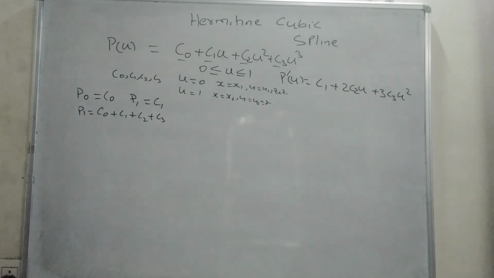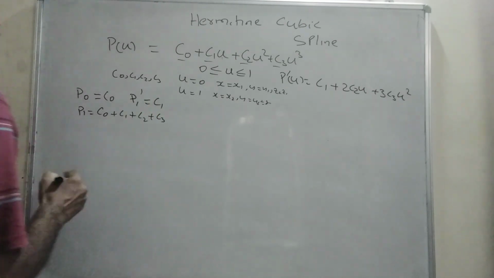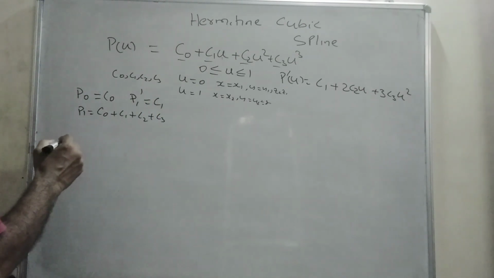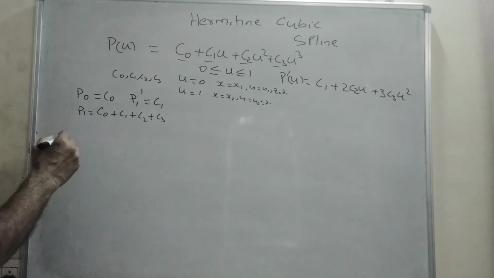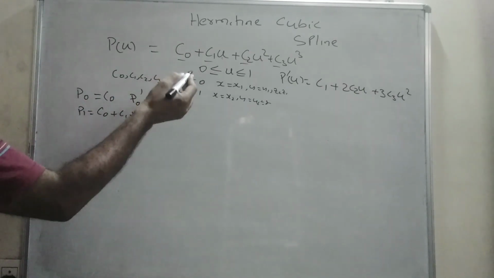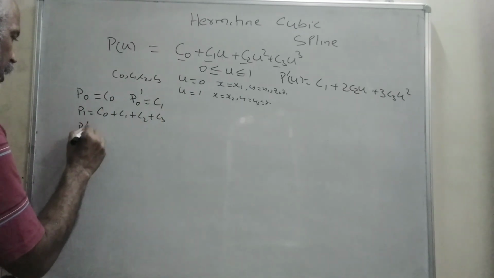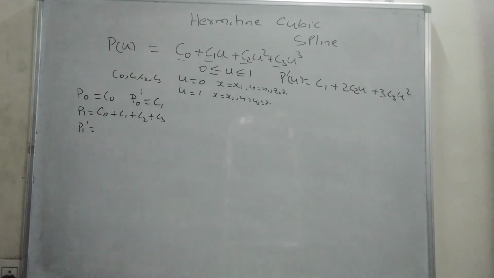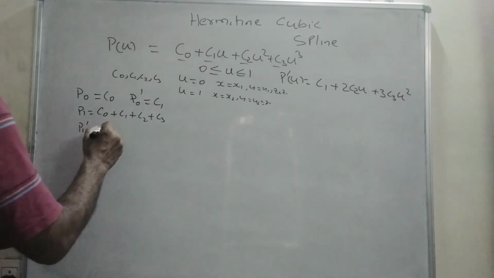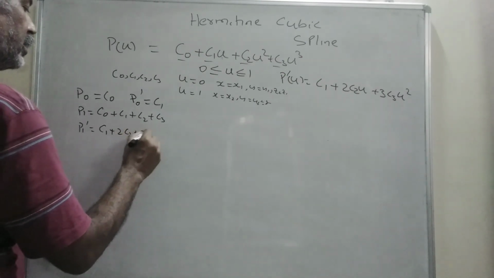And P1 dash is equal to C1 plus 2C2 plus 3C3. Sorry, at u is equal to 0, P0 dash is the tangent.